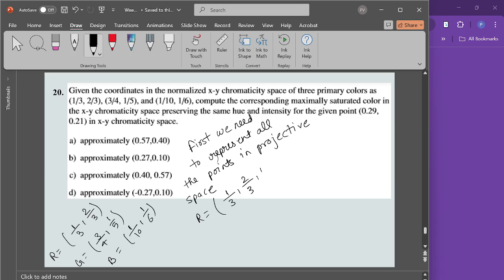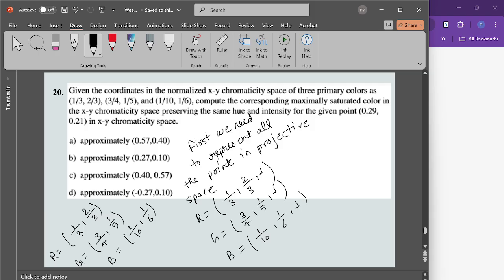Right? The other points that are given, the white point is represented in the projective space as 1 by 3, 1 by 3 and 1, and Q, this is the given point, is also 0.29, 0.21 and 1.